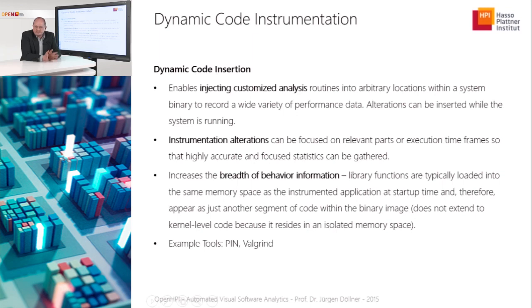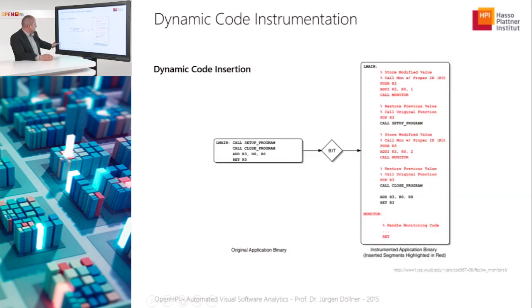Except for the kernel-level code, which resides in an isolated memory space, we can basically instrument the whole application and get a whole behavior picture of the system execution. Examples for dynamic code instrumentation techniques include the Pin tool or the Valgrind tool, just two of many tools that focus on dynamic instrumentation.